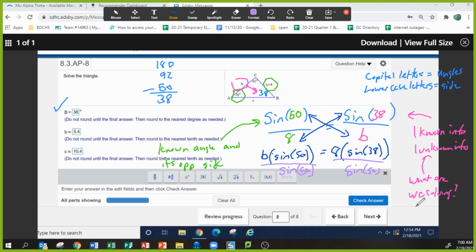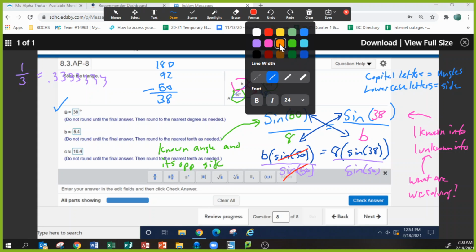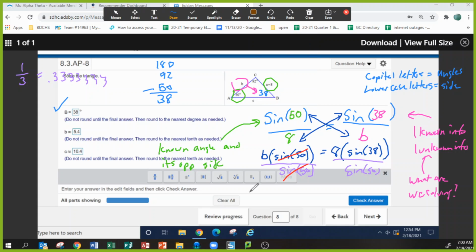But just like I would rather write 1/3 instead of 0.3333333, I'm going to keep it as the sine of 50. And of course, these cancel, and I'm ultimately left with b is equal to 8 times sine 38 over sine 50.